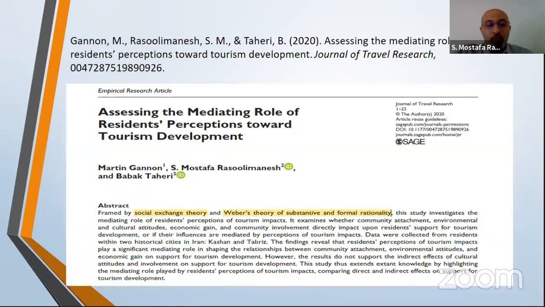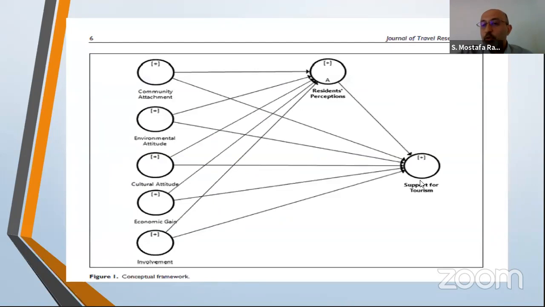We published this paper in 2020, this year, in the Journal of Travel Research, so it's still hot from the oven. In this paper, we assess the mediation role of resident perception between some antecedents and support for tourism development. Here, resident perception mediates the relationship between these variables and support.